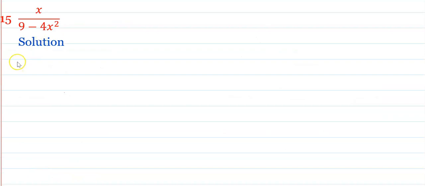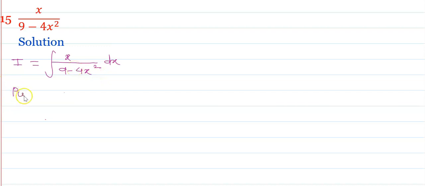Now the next integration is I is equal to integral x upon 9 minus 4x square into dx. Okay. Now the substitution here. The derivative of x square is 2x, and we can have the proper substitution here.